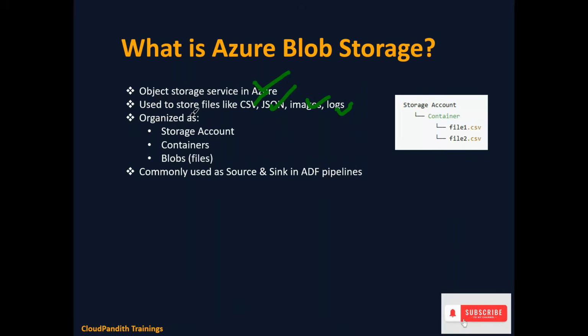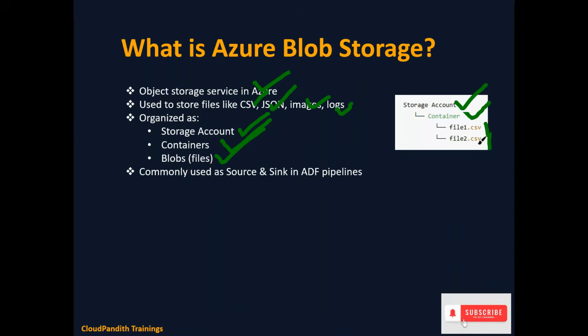If you look at the hierarchy, blob storage is organized in 3 levels. At the top level, we have a storage account. Inside the storage account, we create containers. Inside containers, we store blobs, which are the actual files.